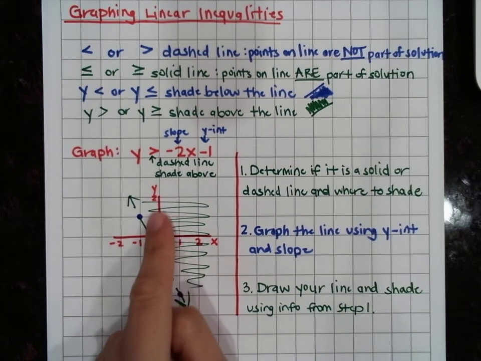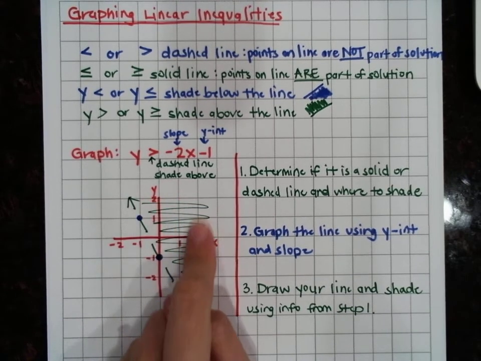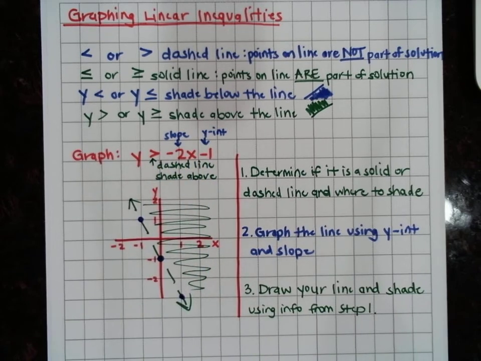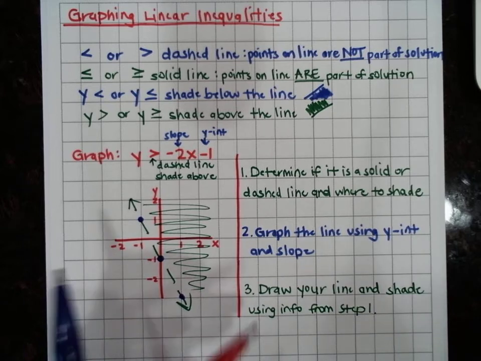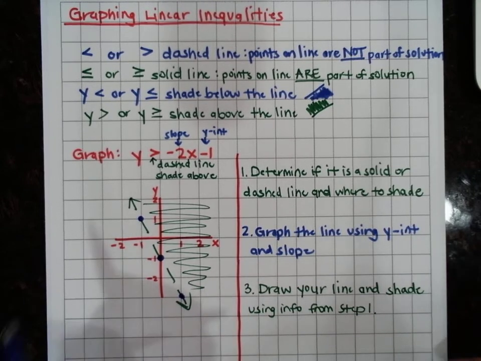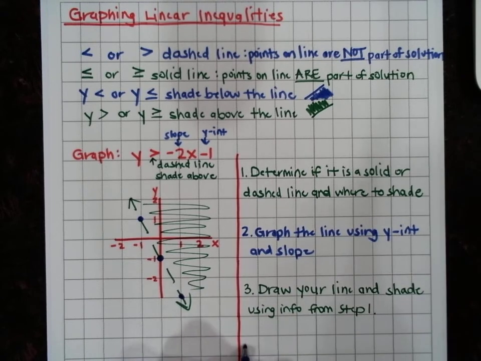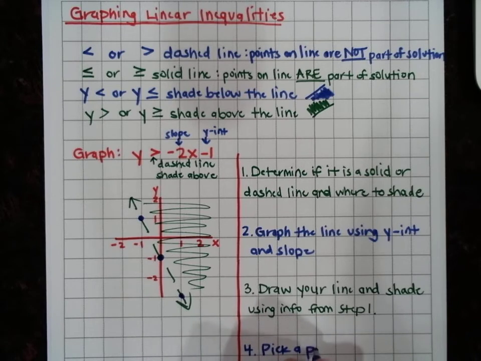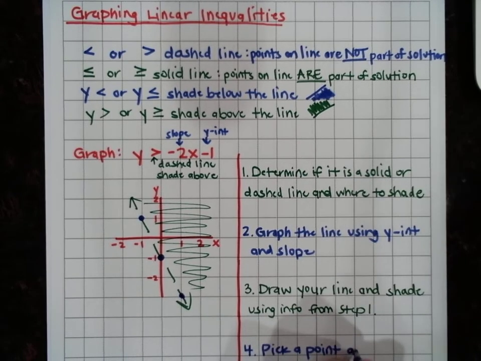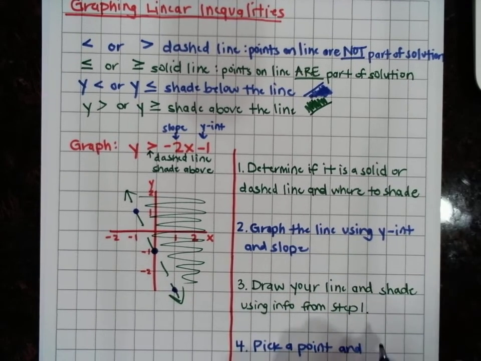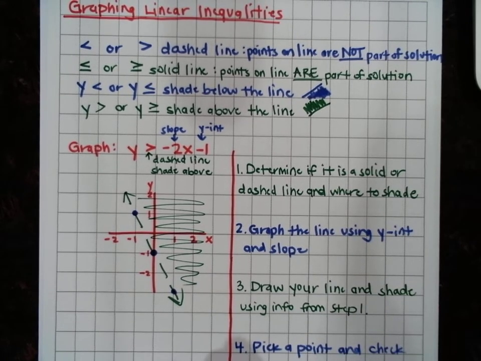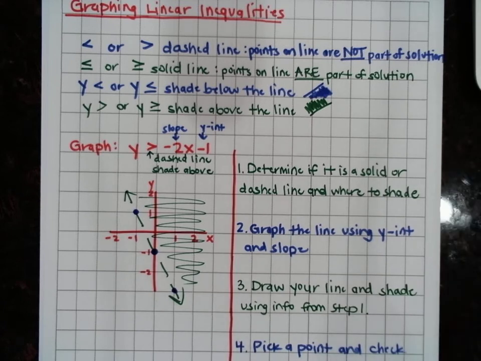That means that every point in this shaded region will make our inequality true. And so let's prove that region is the solution. So your last step, you're going to pick a point and check your answer.